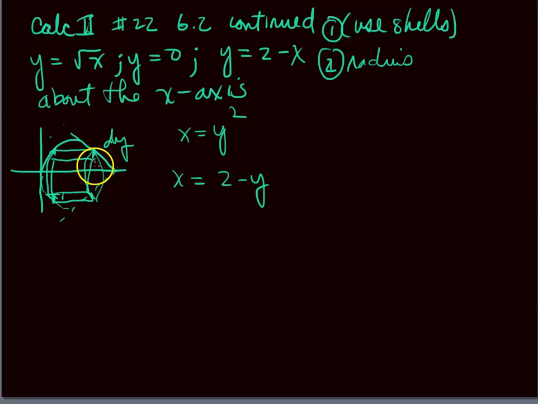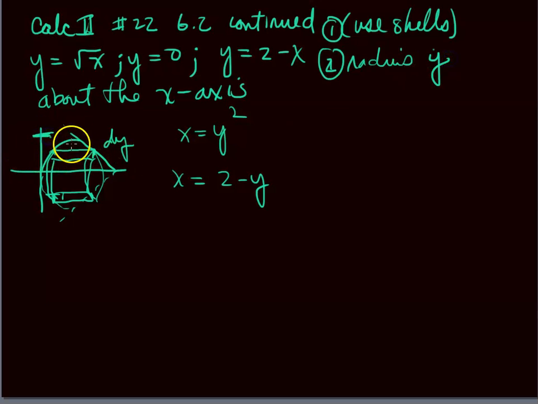Now that height is going to change as you move. How do you want to say this? It'll be the y value, and it'll go from 0 to 1. So it's this y value going from 0 to 1.